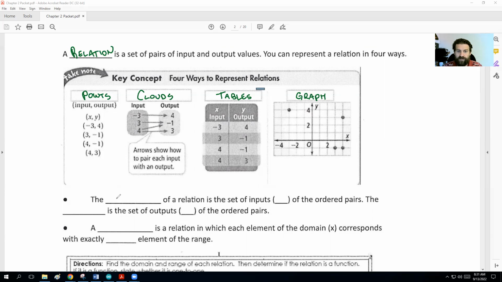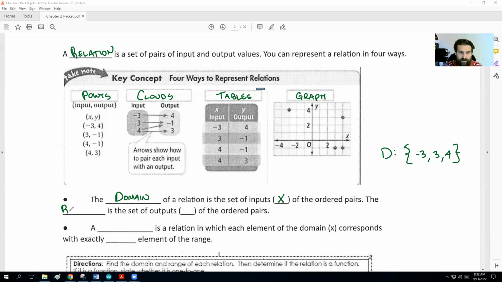A relation can be broken down into two key parts. The domain of a relation is the set of all the inputs, or the X values. So in this problem, the domain, which I'll just say D, would be -3, 3, and 4.